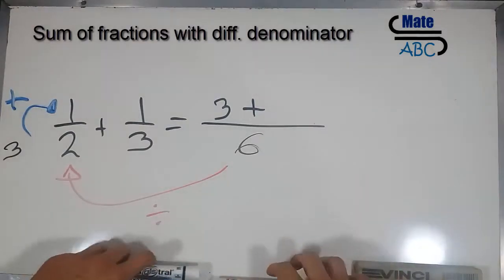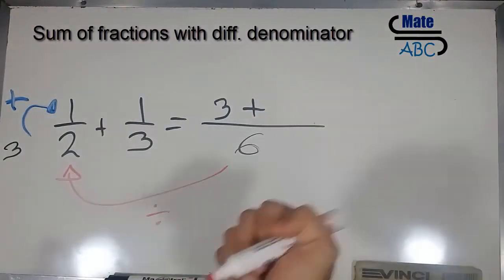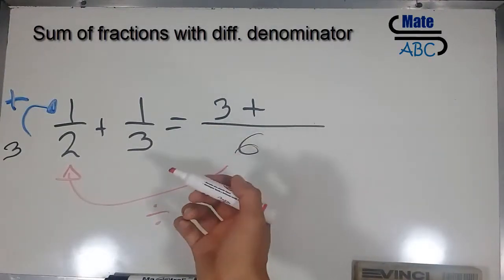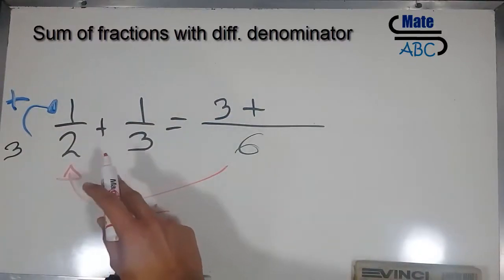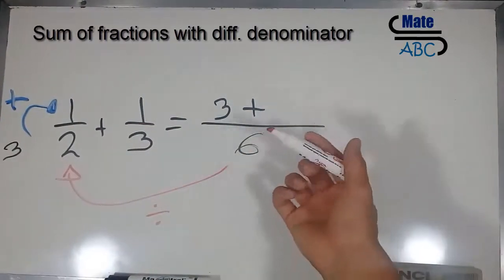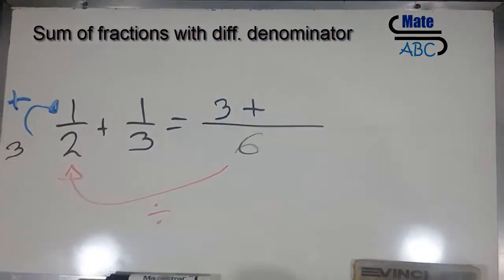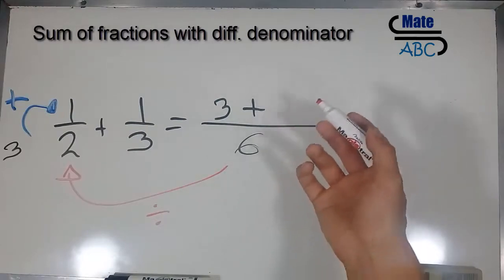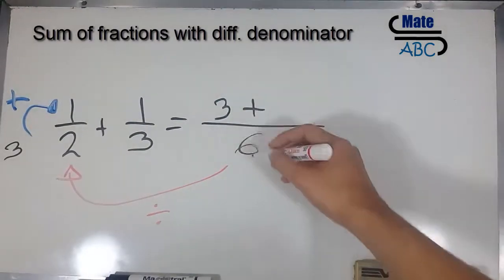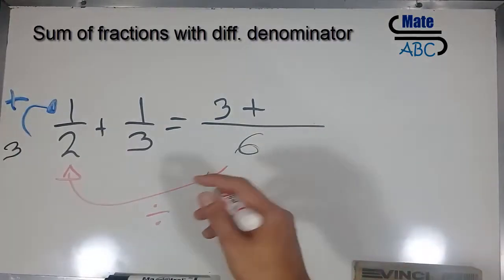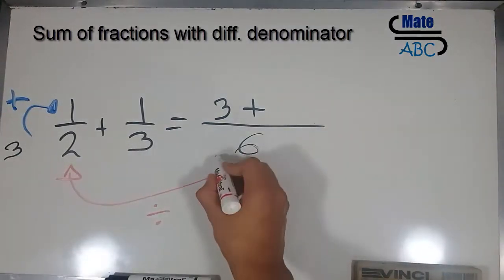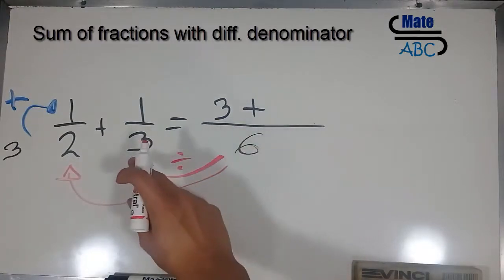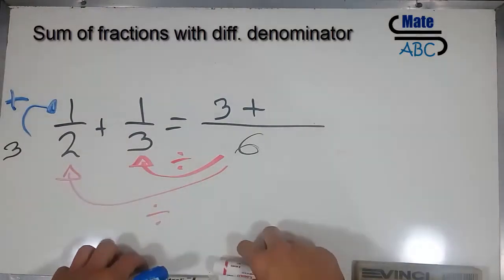So it's this algorithm that you have to follow in order to get this addition. So you need to follow these steps in order to find an equivalent fraction, so we can add it together. So now we divide 6 over 3, and it's 2.